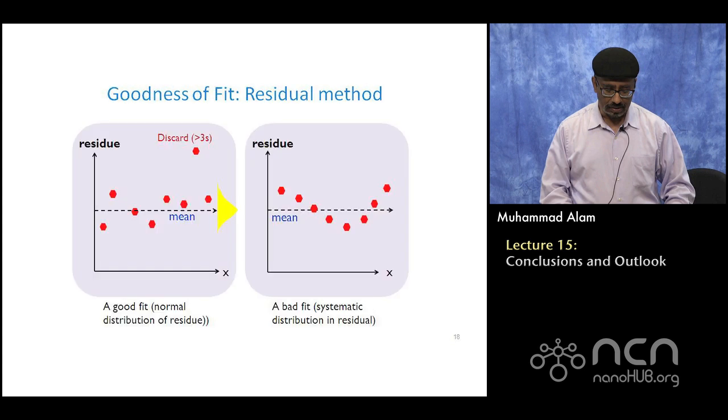The second thing you do, after you have fit the data, is look at the data visually. If your fitting is good, then the errors should be arranged symmetrically around it, so that sometimes it goes up, sometimes it goes low. But if it has a very systematic error, subtract whatever you fitted from the original data and look at the difference.